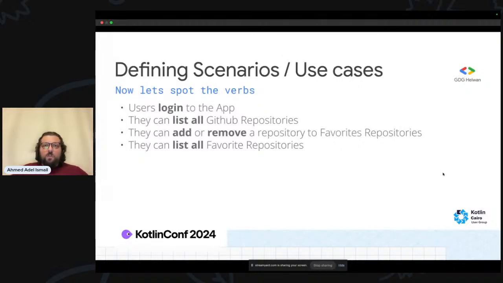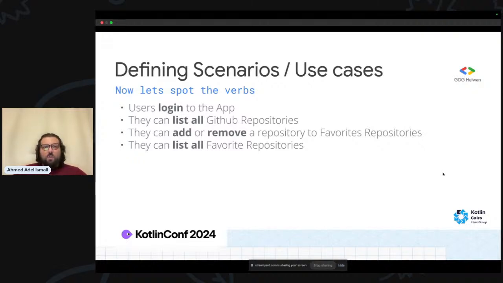So the first thing we do when we take these requirements is to start identifying the use cases of our application. Use cases or scenarios are spotted by the verbs in these requirements. For example, here we need the user to log in to the application, so we need to have a scenario for logging in this user.